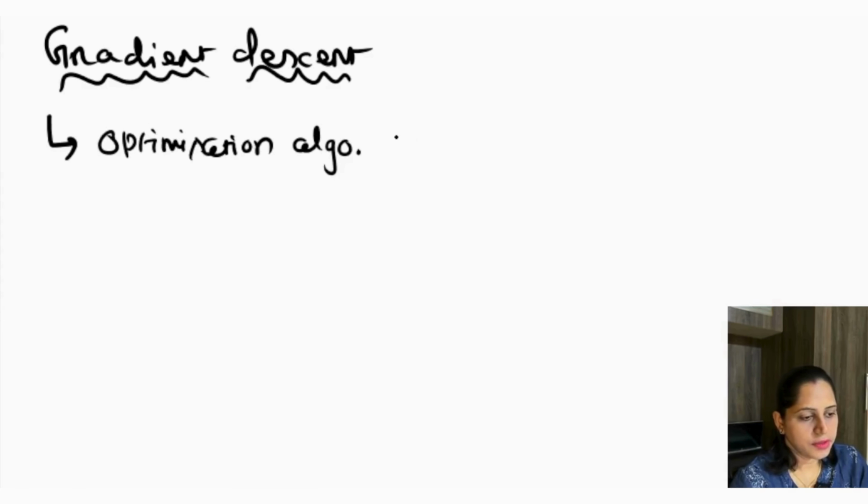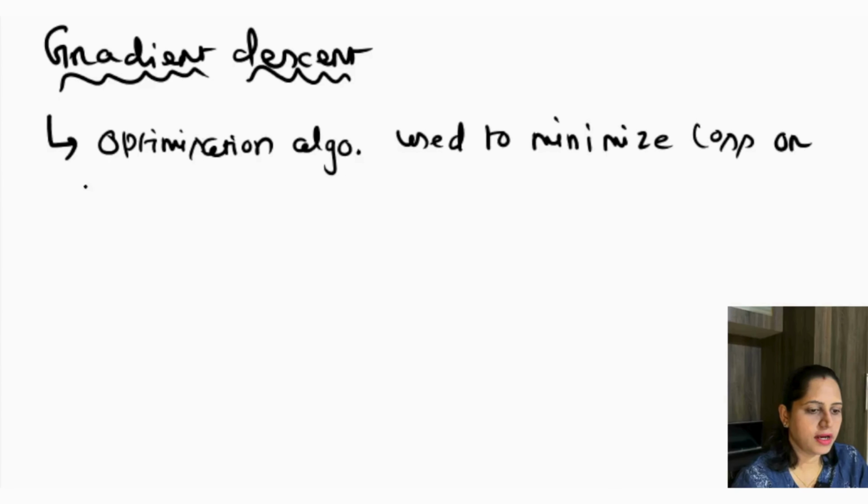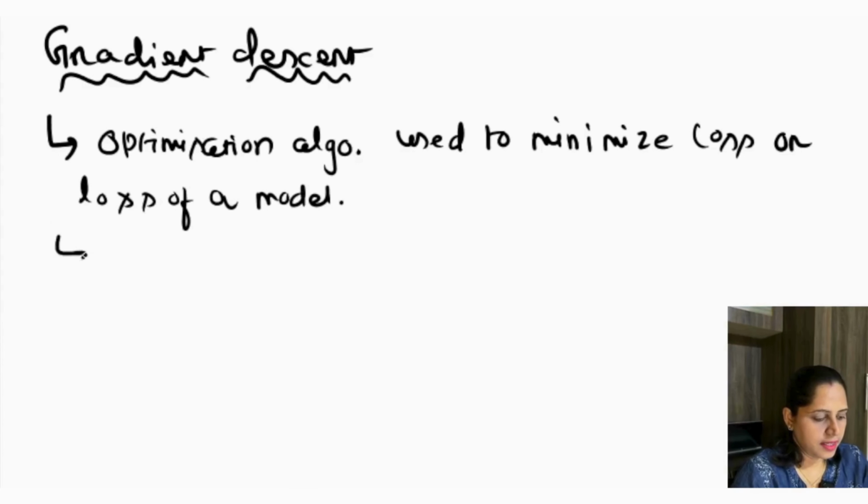That is what we know till now, correct? It iteratively adjusts. It's not like in one shot it will reach convergence, right? It iterates multiple times so that it can adjust weights and bias.